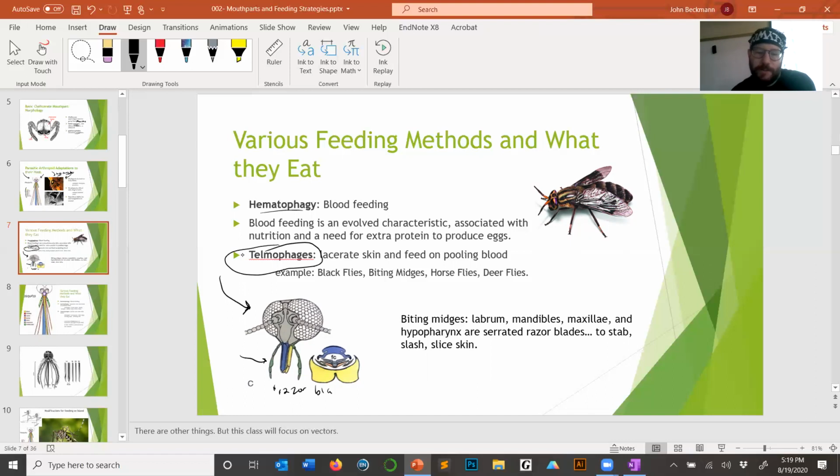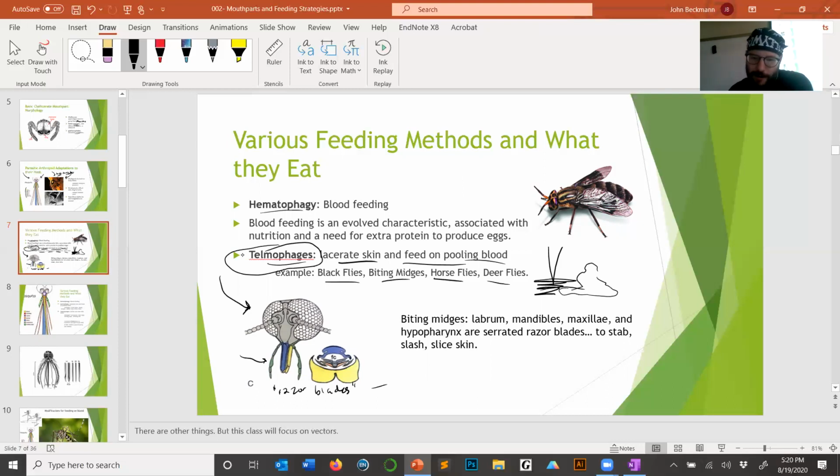What they do is lacerate the skin, so they'll slash you with knives. Then you start bleeding, and they suck up the blood. So they lacerate the skin and feed on pooling blood. That's one strategy. Examples of creatures that do this are black flies, biting midges, horse flies, deer flies, etc.